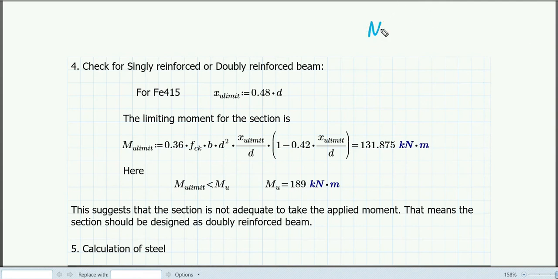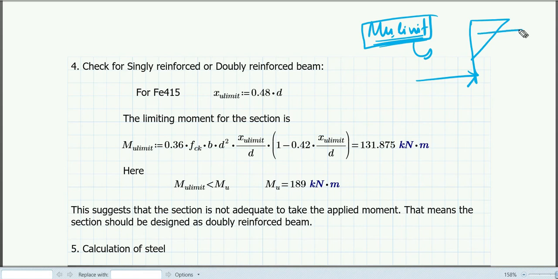Mu limit, I think we have already discussed in the theory of limit state method design. There we have seen how to find out Mu limit, right? Mu limit can be calculated considering the strength in the concrete. If you remember, we have a stress distribution diagram where it is 0.36 fck b xu, like that, right?